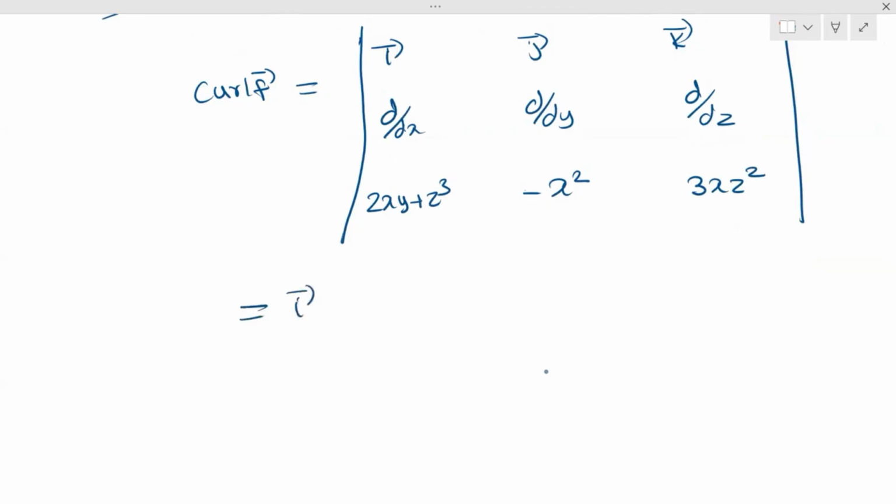So i vector into 0. Dou by dou y of this term is 0. Dou by dou z of this term is 0. Minus j vector into dou by dou x of this one.